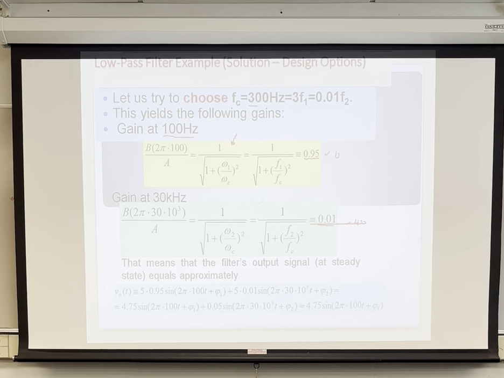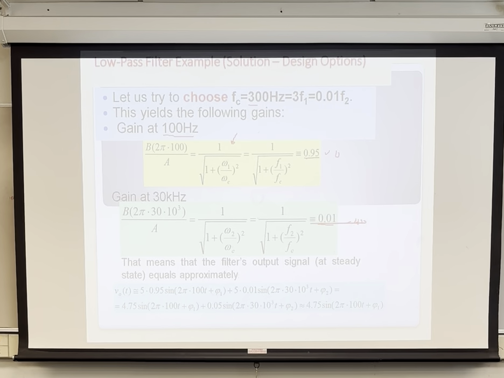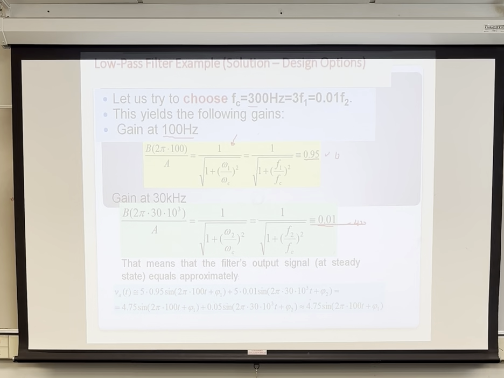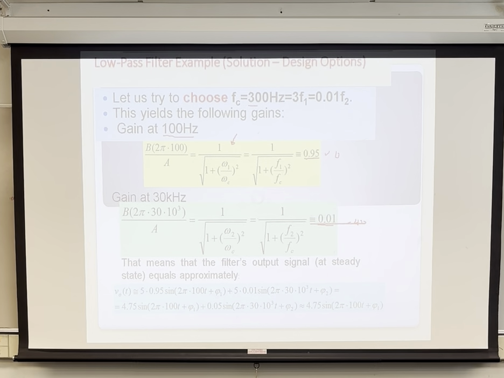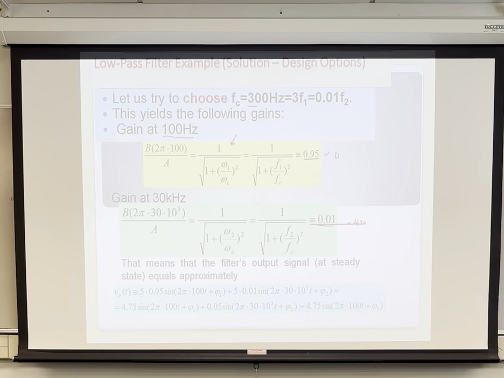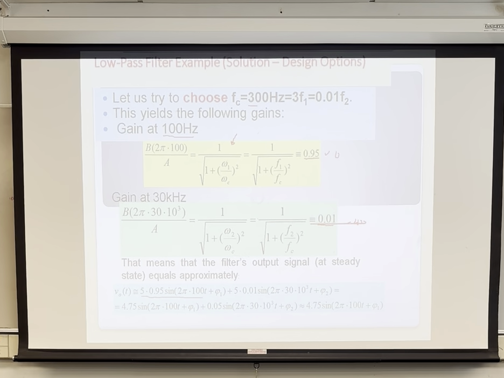And at the bottom, the lower part here, this is predicting what PSpice should produce if we actually design this filter. You're going to have in PSpice 5 times the real amplitude times 0.95. This is F1. And then F2 is going to be 5 times 0.01 here.